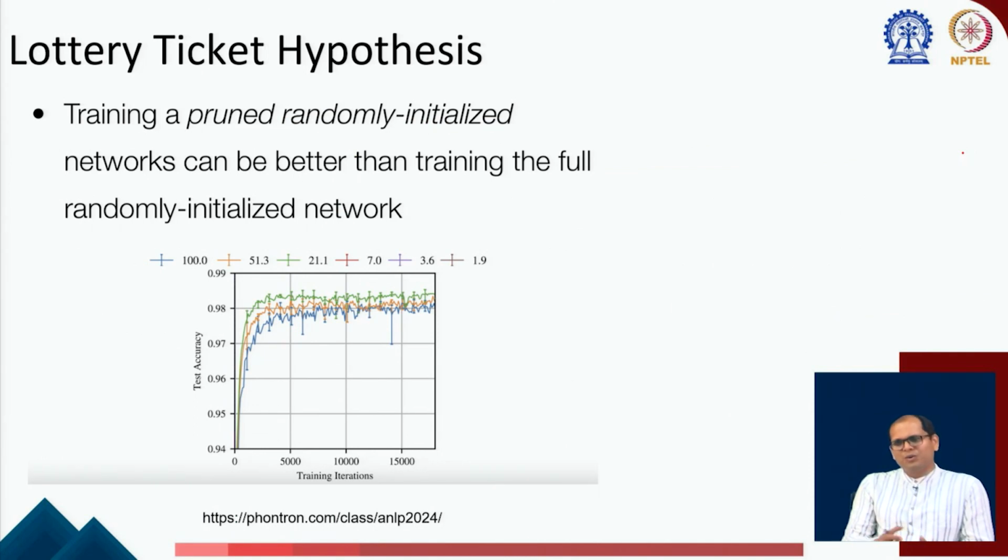So why do people think that pruning works? The main idea is the lottery ticket hypothesis, which says that if you have a pruned randomly initialized network and you train that, it will be better than training the full randomly initialized network.